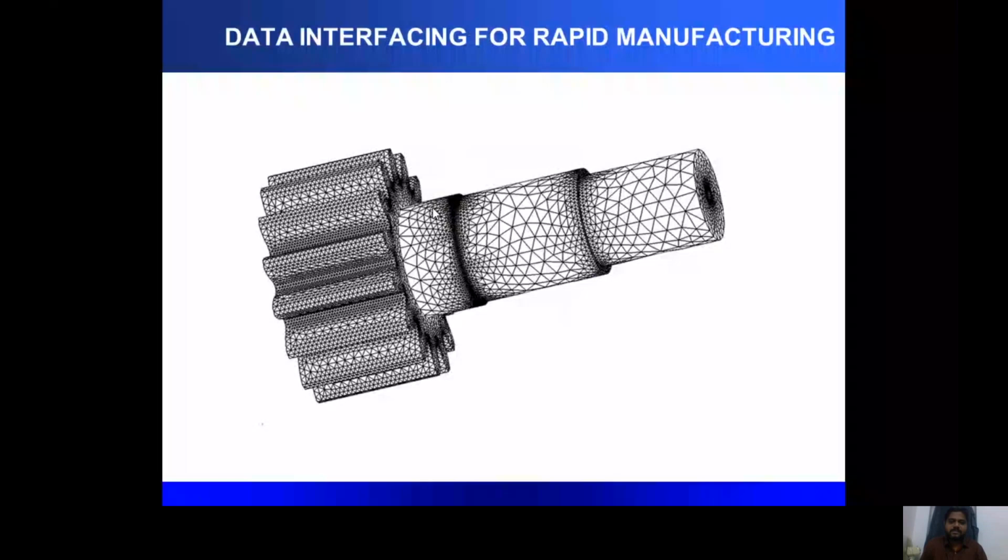But in this case, we are just representing connected triangles. So I can say the STL file and mesh file are almost similar, but in a mesh you can go for different shapes, whereas STL predominantly converts your surface into connected triangles.